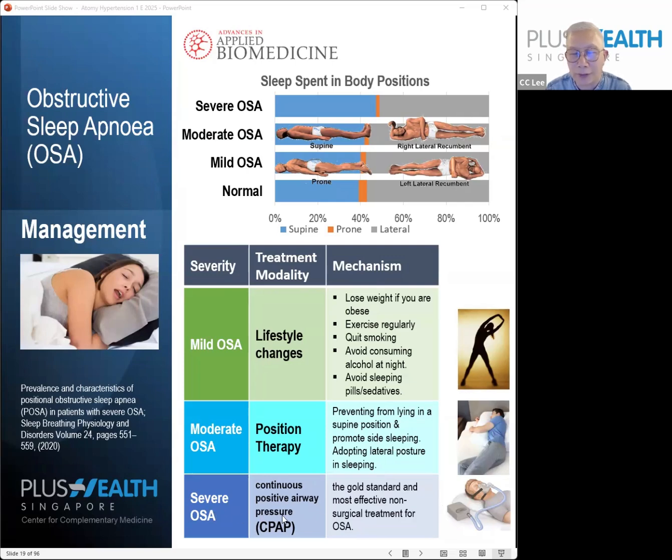If you are suffering from severe OSA, you have no choice. I think this is going to be a very, very uncomfortable type of sleeping position, right? So remember, this is the most prevalent secondary cause of hypertension itself. And it's very common that people who have this will have hypertension, right?